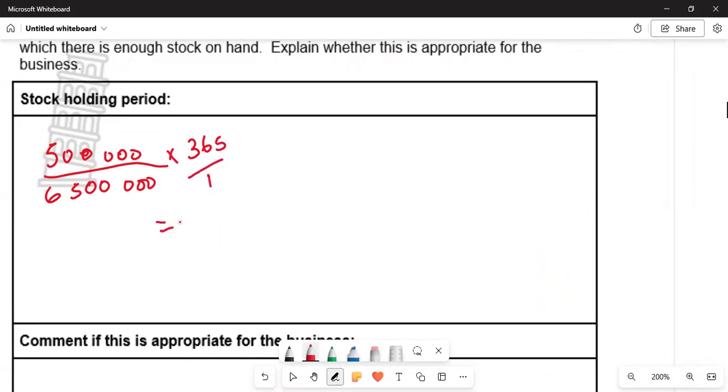Then it will give us 28.1 days stock holding period. That is how we were to answer it.